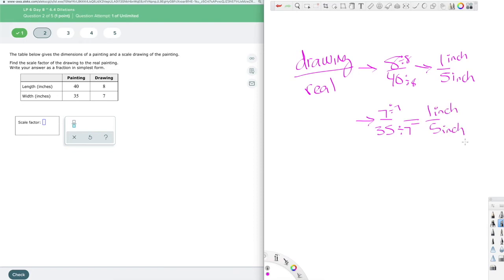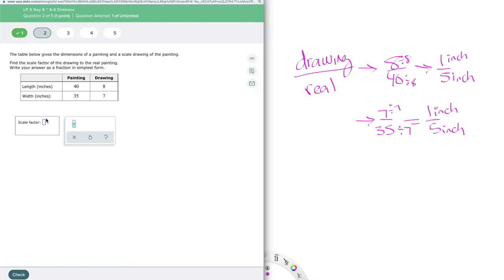And sometimes scale, having a model of something makes it a lot easier to visualize it first before we go and make the real thing. So a lot of artists do this too, where they have sketches and drawings and they plan things out before they go and do this massive painting. Because if they didn't plan it out, it might not turn out exactly the way they had hoped, because they didn't put enough forethought into it. And a lot of things are like this. There's actually scale models that little kids play with.